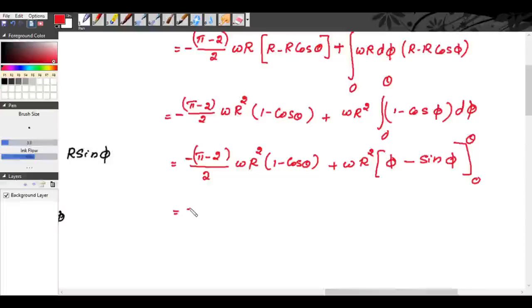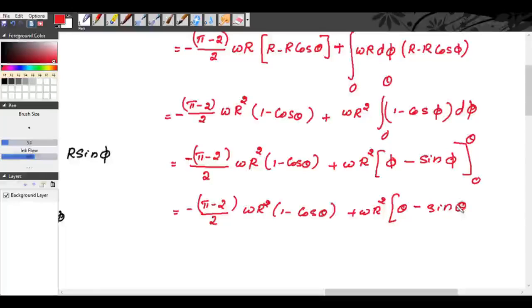So we get minus (pi minus 2) by 2 WR square into 1 minus cos theta plus WR square into, substituting phi by theta, theta minus 0 minus sin theta, minus of minus sin 0.